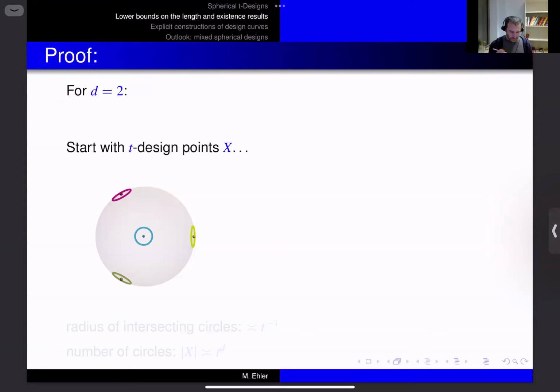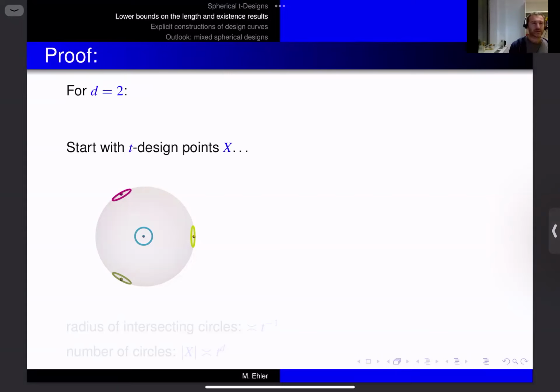Due to this observation, it turns out that the t-design property for the points x carries over to the integration conditions along those small circles. Which is not totally obvious, but it does work.